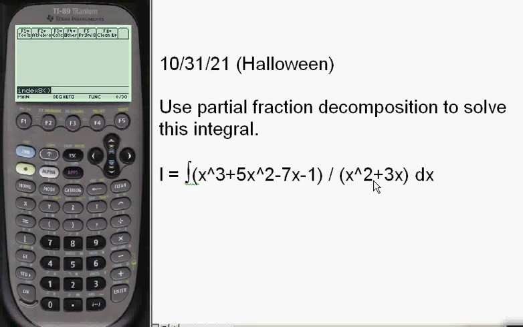You notice that this has an exponent of 2 down here in the denominator, and the numerator has an exponent of 3. That means you have to do long division on this problem first. Notice if this was x squared and this was x squared over here, it's kind of short division, but anyways, x squared over x squared is 1, and so you have to add a 1 to the partials before you integrate them.